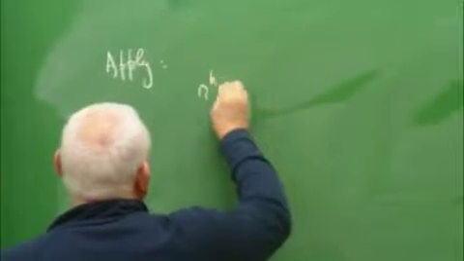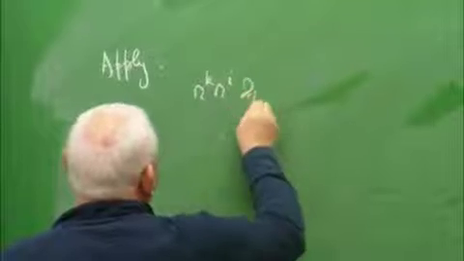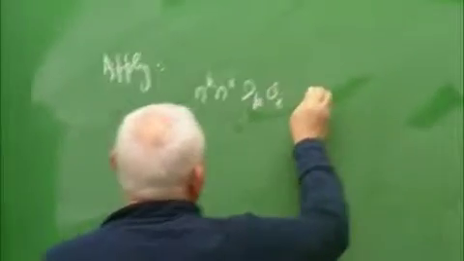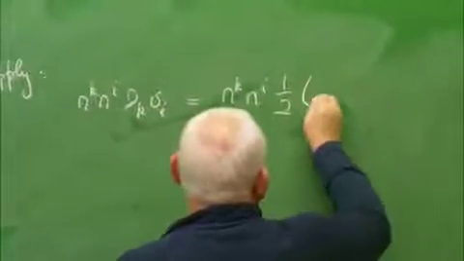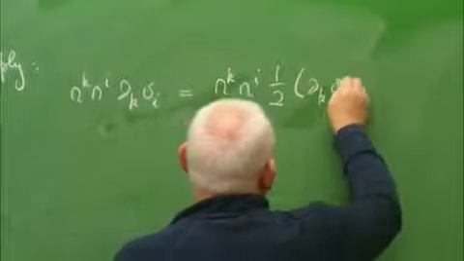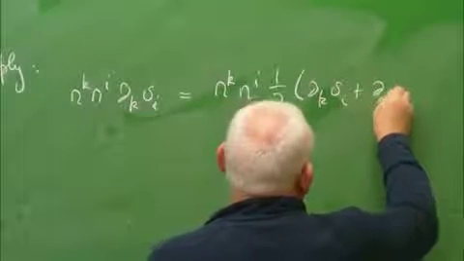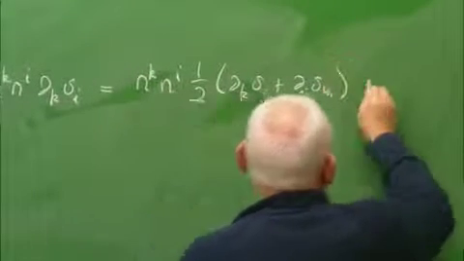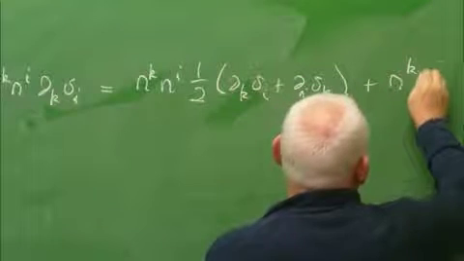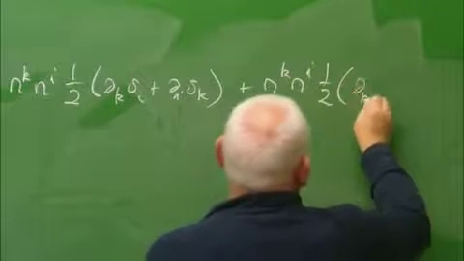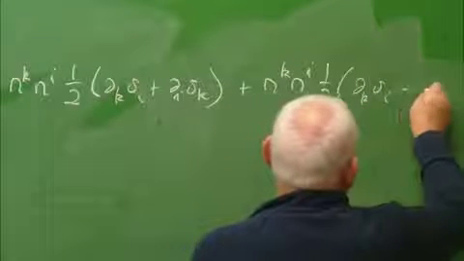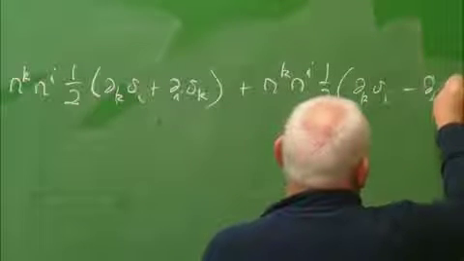Nk Ni ∂k vi is equal to Nk Ni times 1/2 (∂k vi plus ∂i vk) plus Nk Ni 1/2 (∂k vi minus ∂i vk).